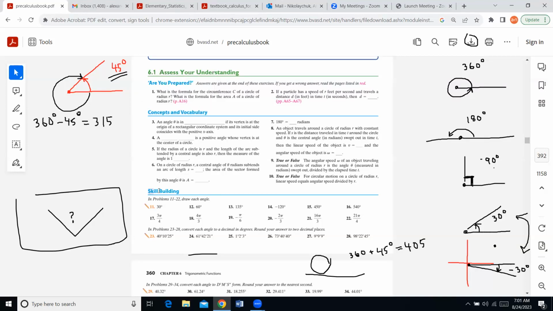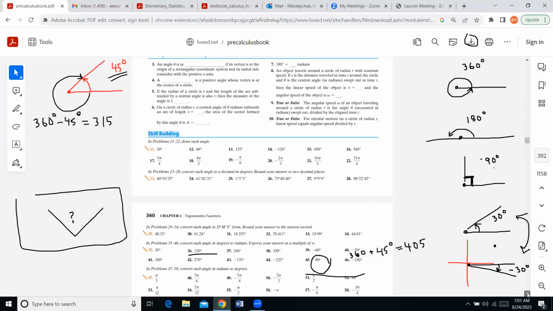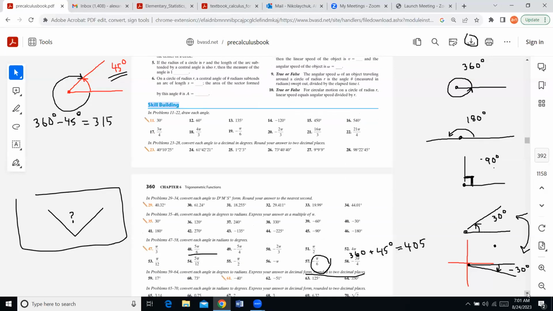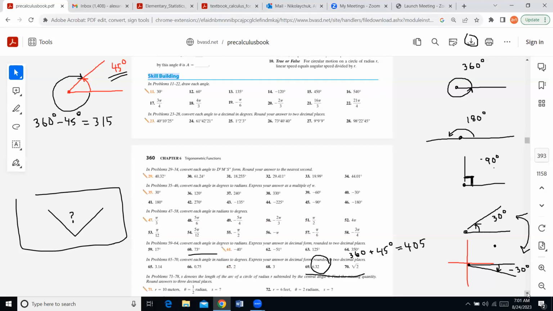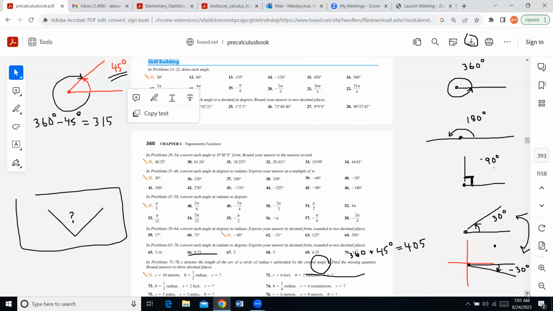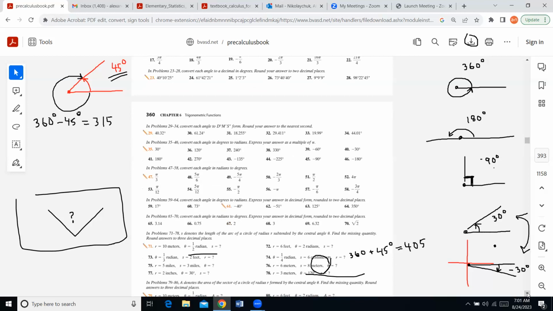But what we are actually going to concentrate on, and where you should do your homework from, is the so-called skill building exercises. I will always do problems from this little group of skill building. In fact, that's probably the largest group in each section that we cover in class. And then at the end, there are word problems.